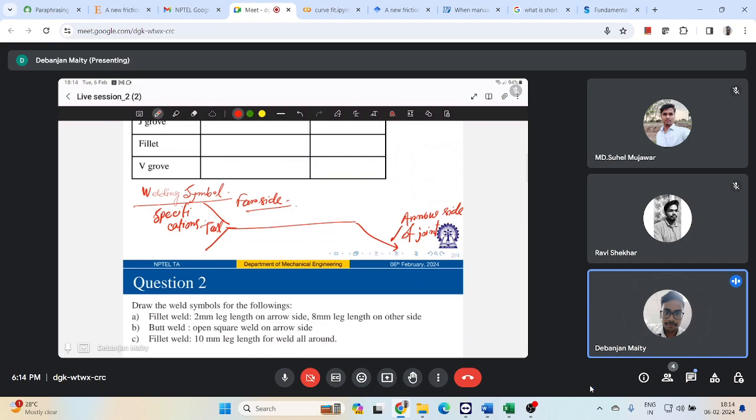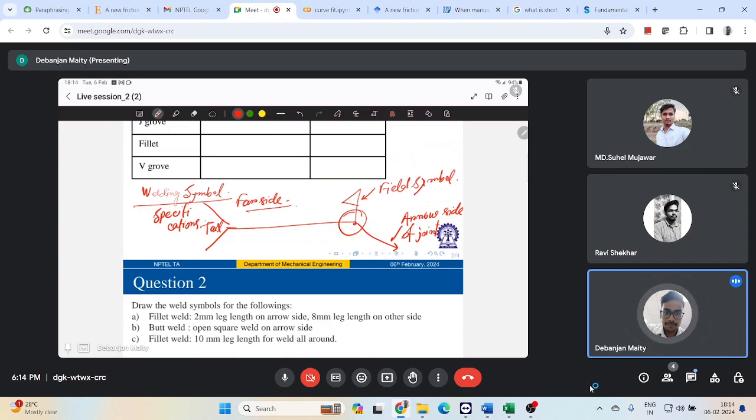You can put a flag over here to indicate that this is a field symbol. Then you can have a symbol like all around. If you are doing an all around weld, then you put a circle over there, right?